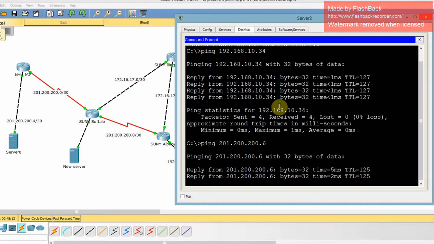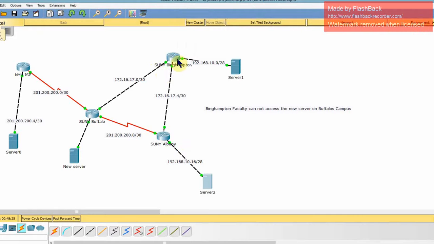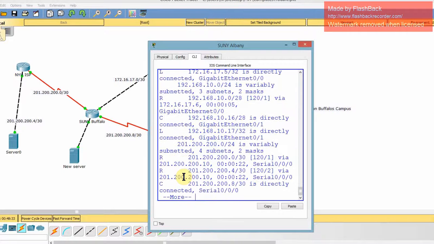What? Okay. The server can go from here all the way to here, and then to this server here. So this router is operating. Let's take a look over here. Why? Let's try Albany. Let's see. Wow.